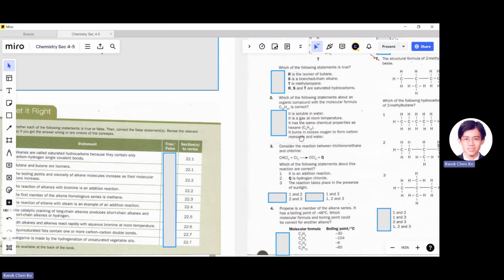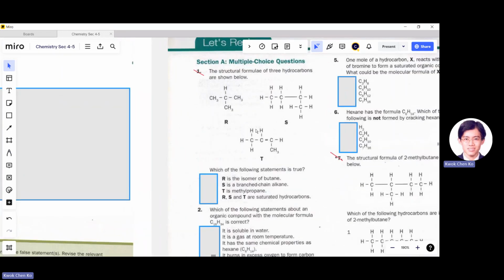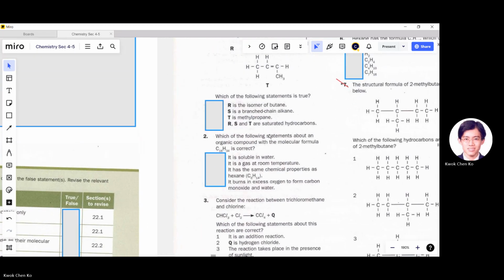Okay, for MCQ, let me take a look which one you need to fill out. For today, Jie, you need to do this. Jaden, for MCQ number 1, you can skip this one. This is not in your syllabus. You do number 2. Do number 3.